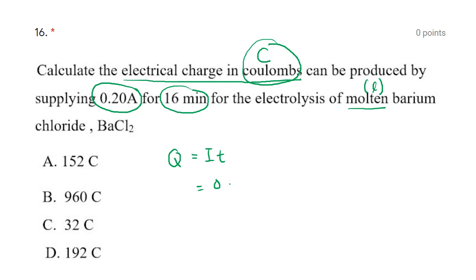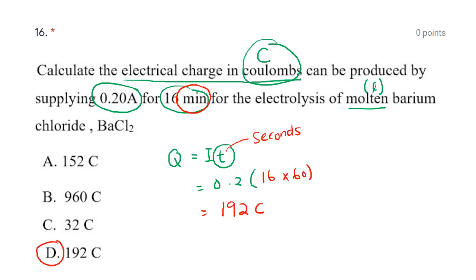I is 0.2 ampere, and the time must be in seconds. The question gives us minutes, so we multiply 16 by 60 because 1 minute has 60 seconds. Press the calculator and you will get 192 coulomb, so the option is D.